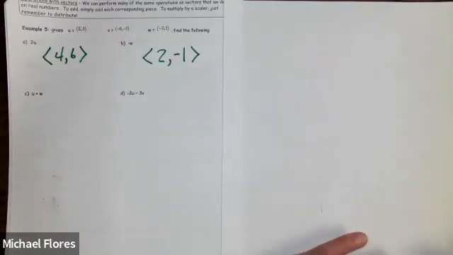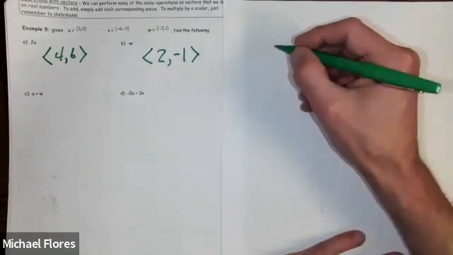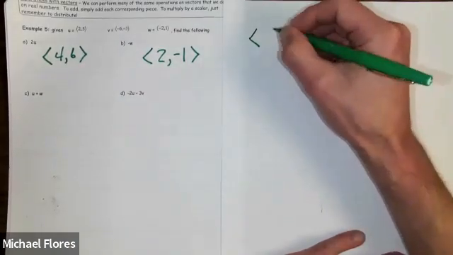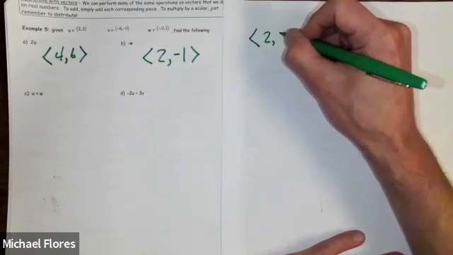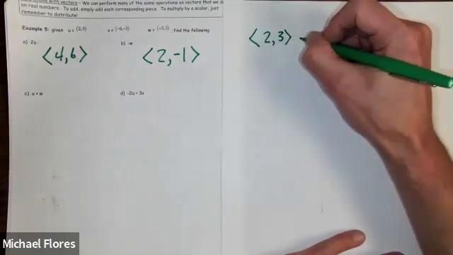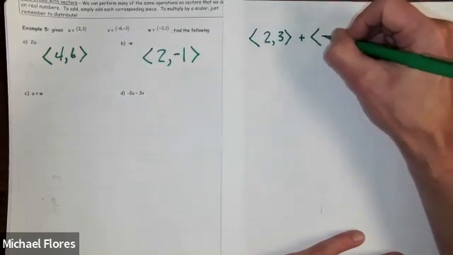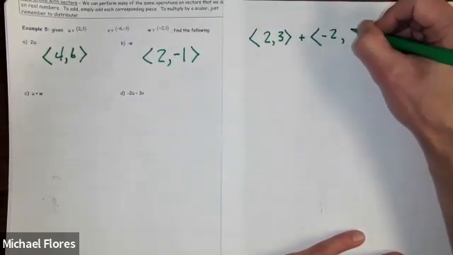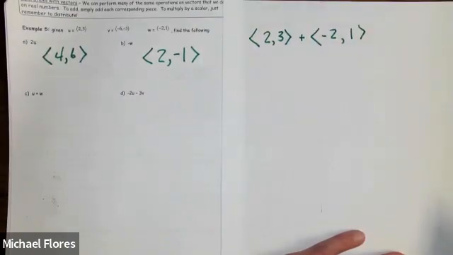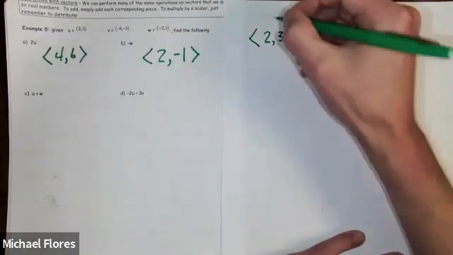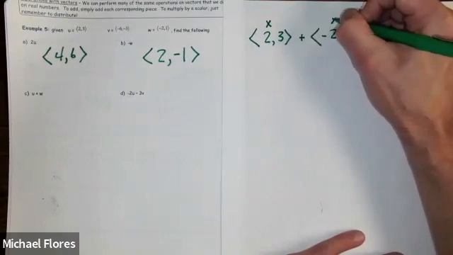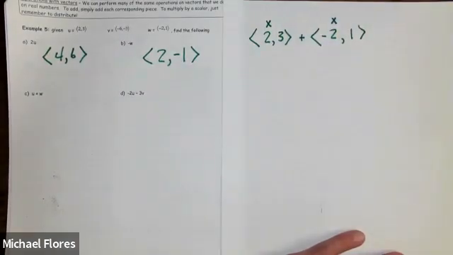Example C, we are now doing u plus w. Component vector u is 2, comma 3. Component vector w is negative 2, comma 1. Now we're adding here, but you want to add like terms or like values.